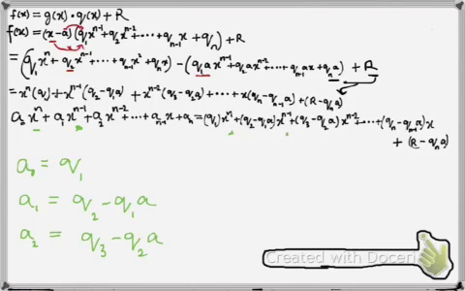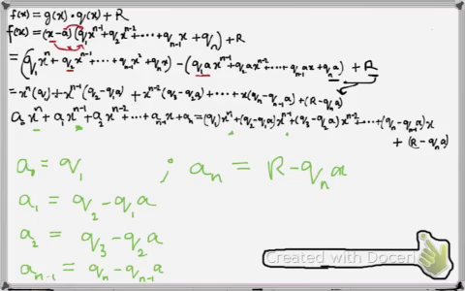And so on till when we compare the coefficients of x power 1, a n minus 1 is equal to qn minus 1 a, right? And when we compare the constant terms, what do we get? An is equal to r minus qn times a, right?